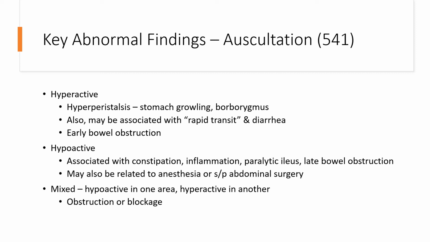It could also be associated with rapid transit and diarrhea associated with gastroenteritis. You could also have hyperactive bowel sounds in early bowel obstruction, and at that point you can't really differentiate between hyperperistalsis and a bowel obstruction.